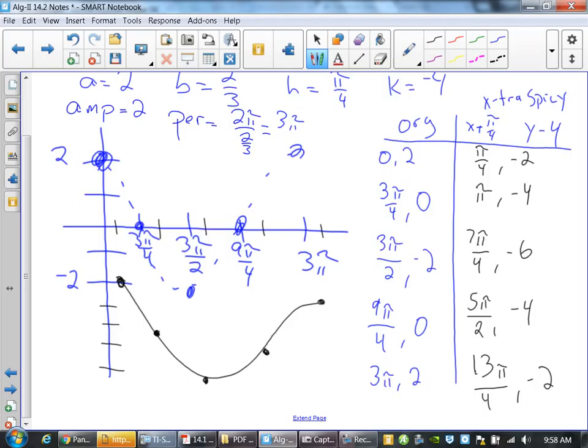We have our breakpoints, and then we have pi over 4 over 2, excuse me.